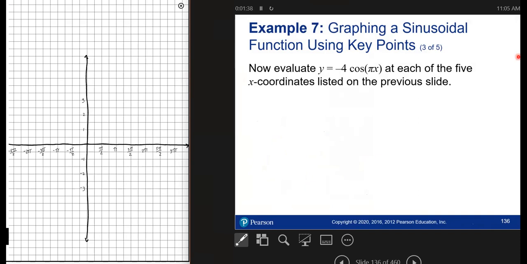I think we had just finished example 7. We hadn't finished it, or we were in the process of finishing it. We had finished it. That was it. Okay.